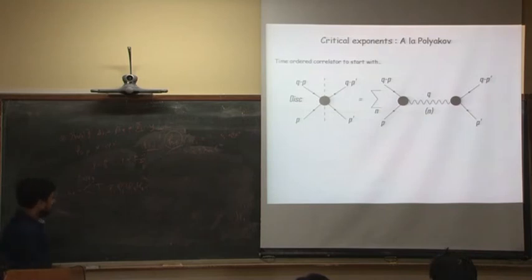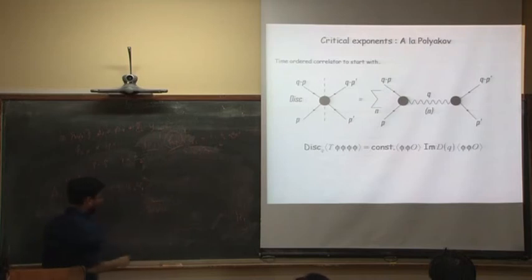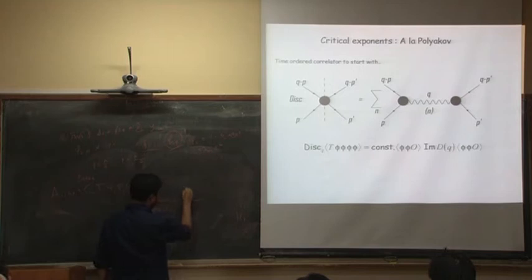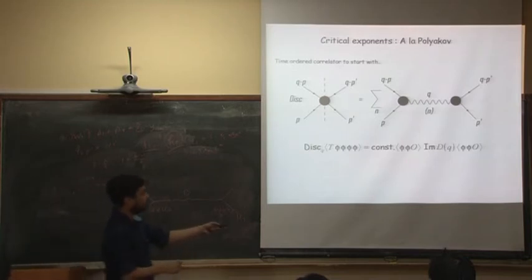For the physical singularities, this discontinuous part factorizes and can be put into a form which looks like a 3-point function, phi phi O, where O is the exchange operator. Then there is an imaginary part of the propagator for O, and then there is another 3-point function, phi phi O. So here you have used conformal invariance for the 3-point function. And this imaginary part actually comes from the optical theorem.